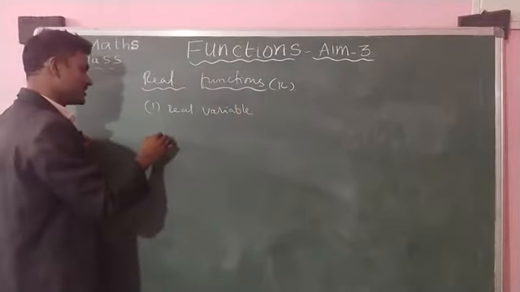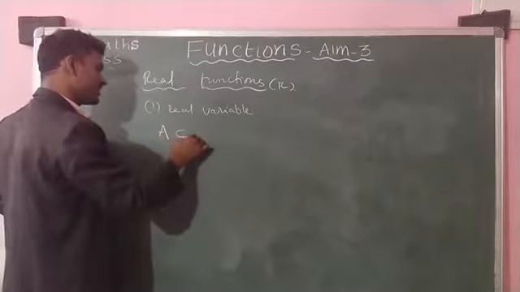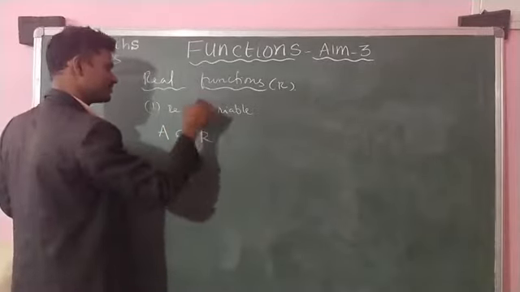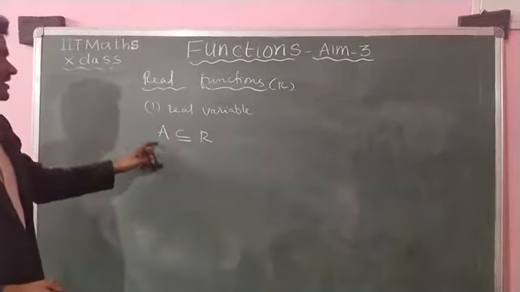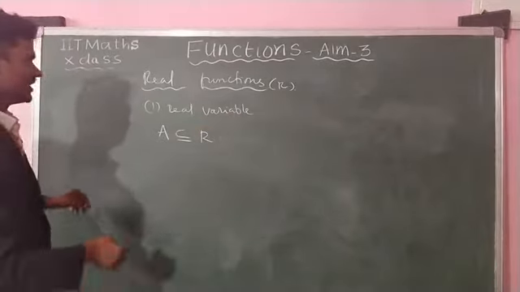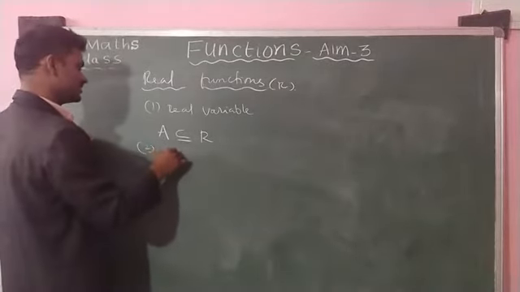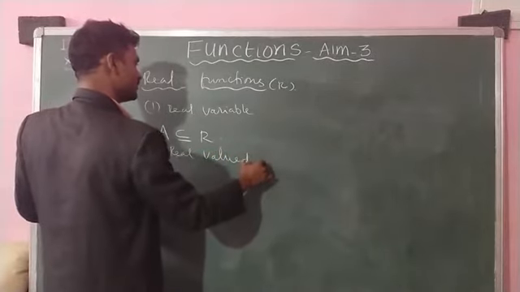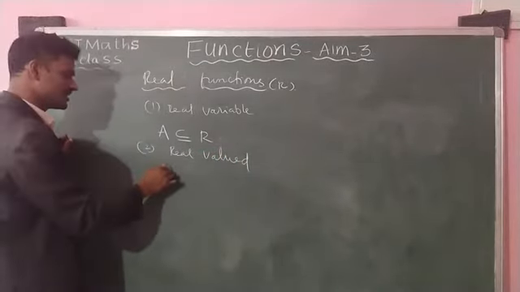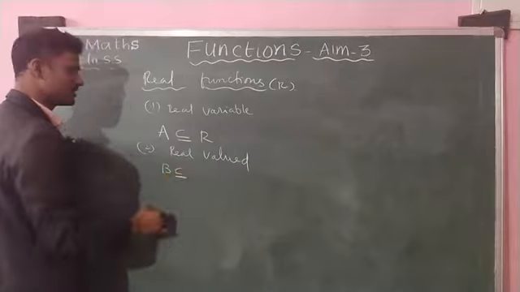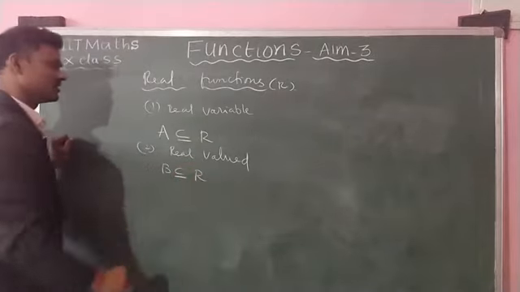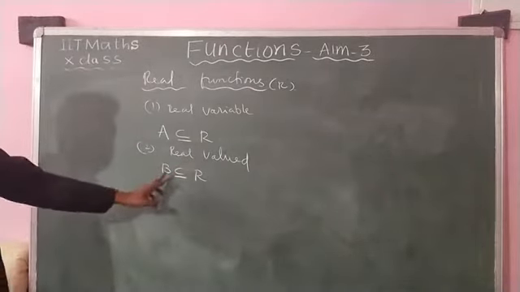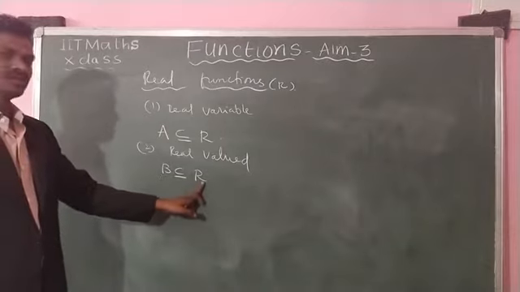Real variable means a function whose domain is a subset of R. Then it is called a real variable function. Next one is real valued function. Real valued function means a function whose codomain is a subset of the real numbers R.